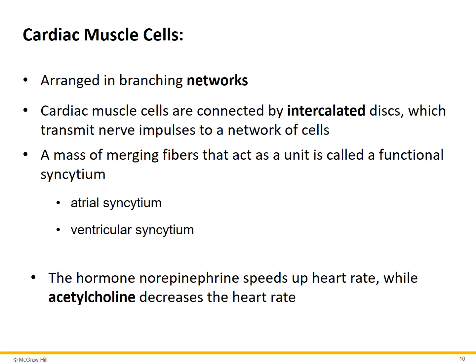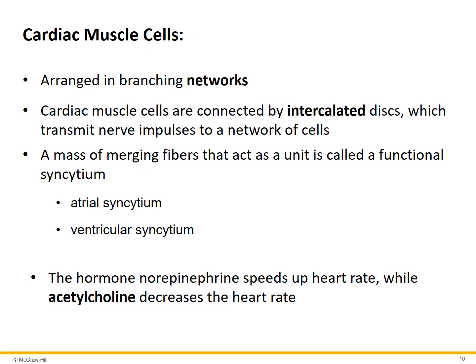These are hormones that speed up heart contraction to meet, in this case, a fight or flight response, or to meet your metabolic need, whereas acetylcholine is a hormone that decreases the heart rate, right? So it has its own steady rhythm, but sometimes it needs to speed up, and sometimes if you're just resting, it can slow down a little bit.